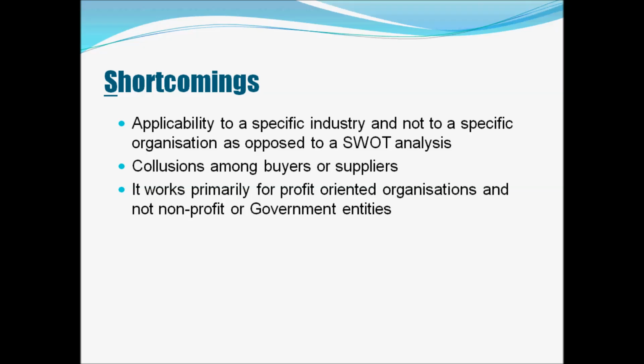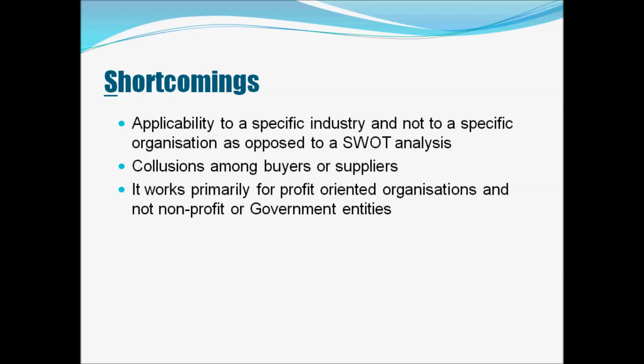Again, another major shortcoming is that it doesn't take into account collusions or collaborations between buyers. There can be situations where buyers collaborate with one another, or suppliers collaborate with one another and set guide prices or recommended retail prices to their resellers.